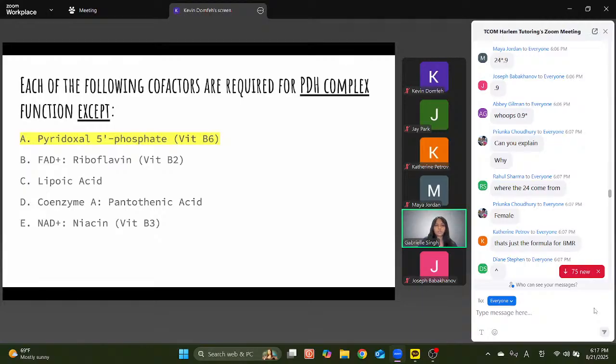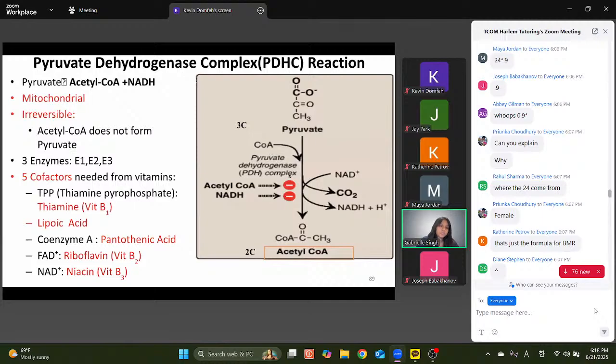These four that are correct, along with thiamine, are also involved in alpha ketoglutarate dehydrogenase function, and I believe the branched-chain keto acid dehydrogenase enzyme also. All right, we can move on. This is just a summary slide, the five cofactors that you need.